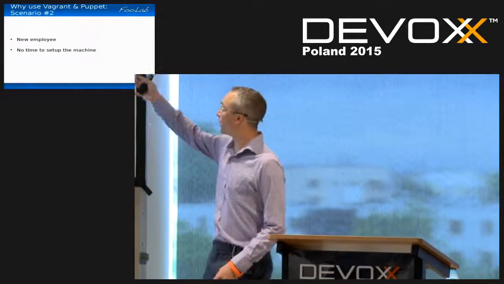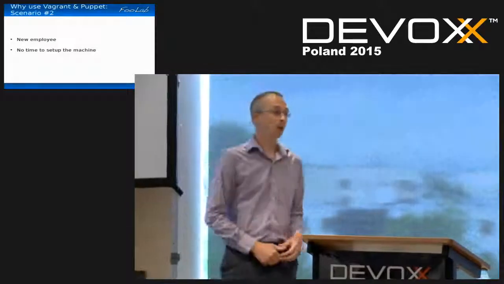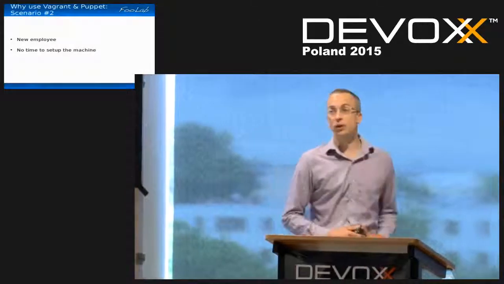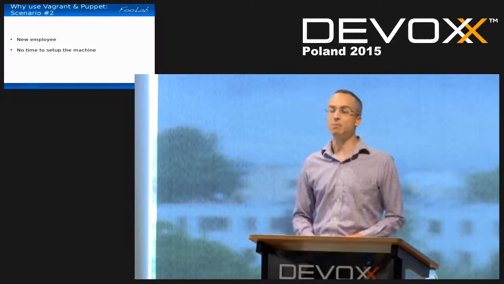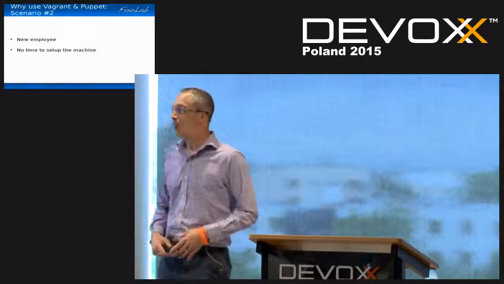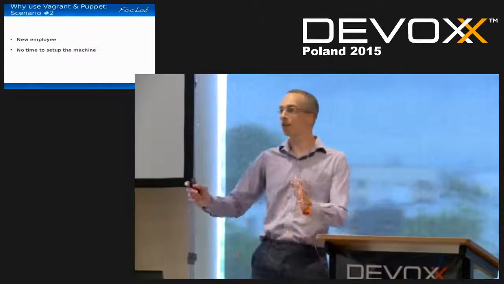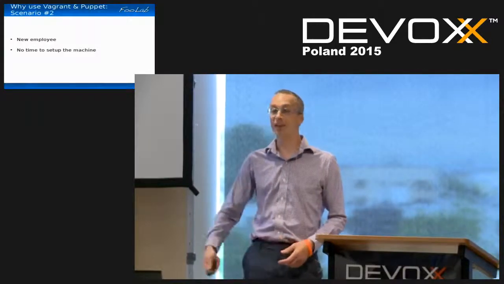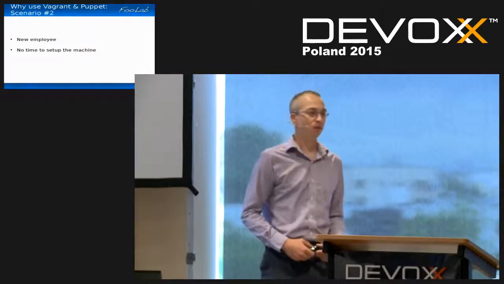Another scenario is you have a new employee. It happens to me often when I go to customers that they have new employees coming in, and the boss tells the sysadmin or whoever is setting up the machines, on Friday at noon, oh, can you set up the machine for this new guy? He's coming in Monday. So you only have a couple hours to do it, and it takes time.